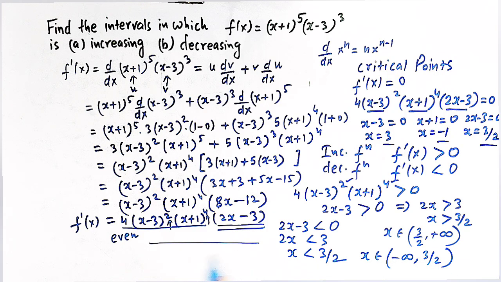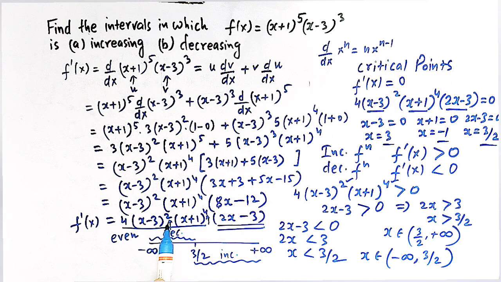So here we have the real number line, this is minus infinity, and here we have positive infinity, and here we have the point, say 3/2. So from minus infinity to 3/2, the function is decreasing, and from 3/2 to infinity, the function is increasing.